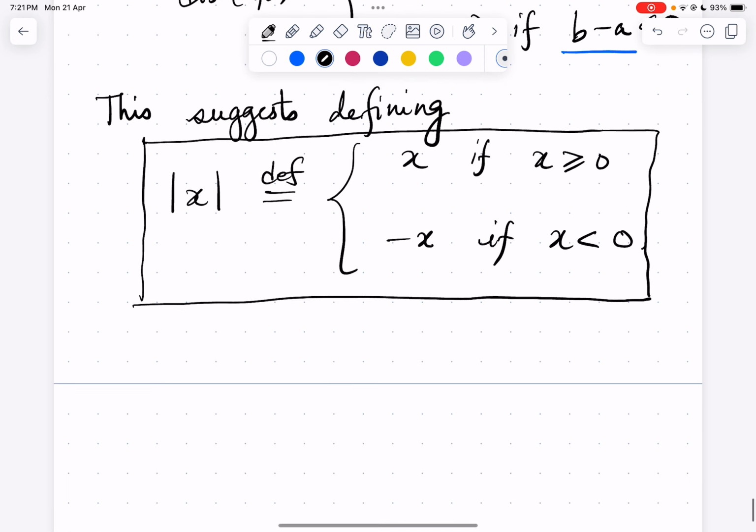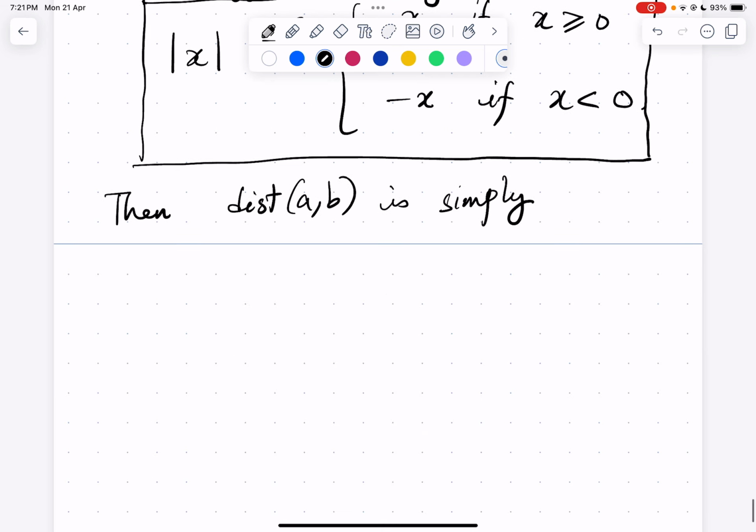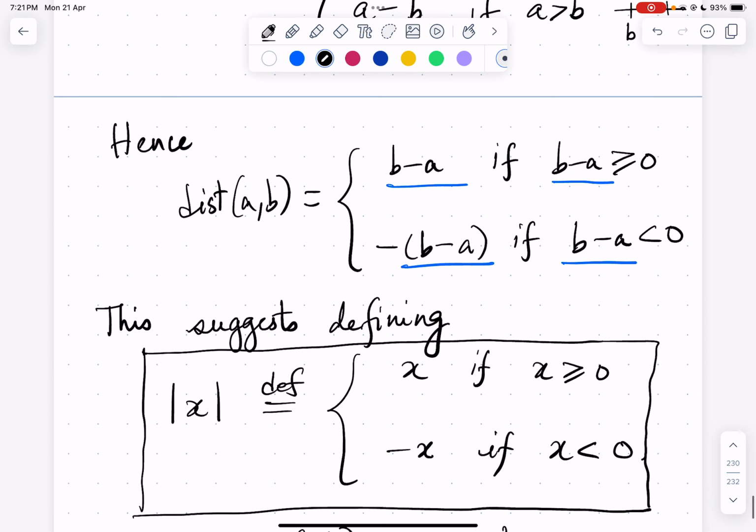Then the distance between A and B is simply mod B minus A. It's B minus A if B minus A is greater than or equal to 0, and minus B minus A if B minus A is less than 0.